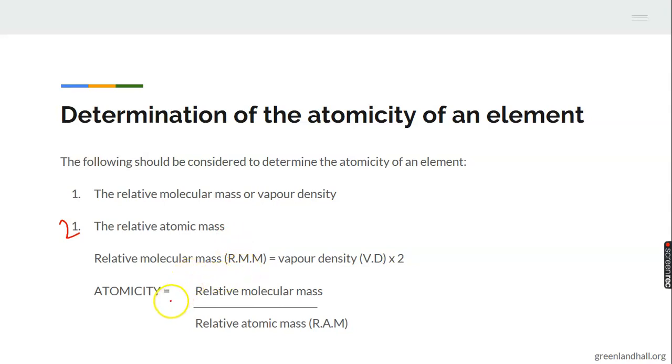How are you now going to do that? We always know that relative molecular mass, which is the same thing as relative formula mass, any day, anytime, equals vapor density times 2. Okay, to now know the atomicity of an element, you have to do your relative molecular mass, which is RMM, divided by what? Relative atomic mass, which is RAM.